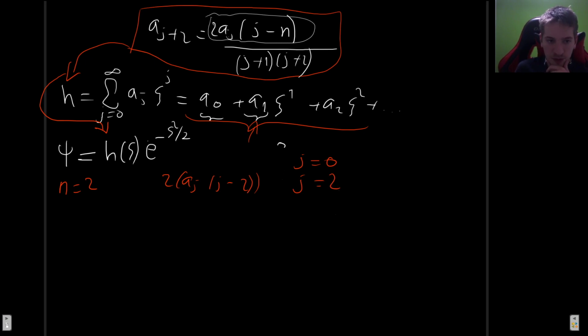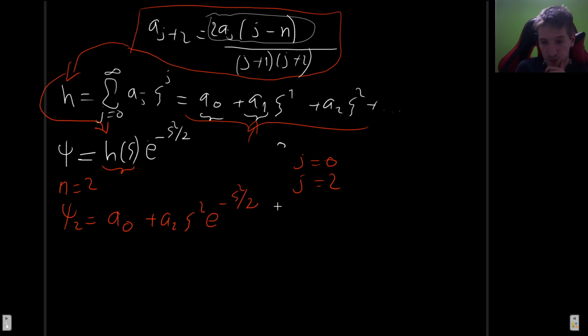So now we have two of these possible terms. Let us put that into our psi. Psi2 is then going to be this h, so it's going to be (a0 plus a2 psi squared) times e to the minus psi squared divided by 2.